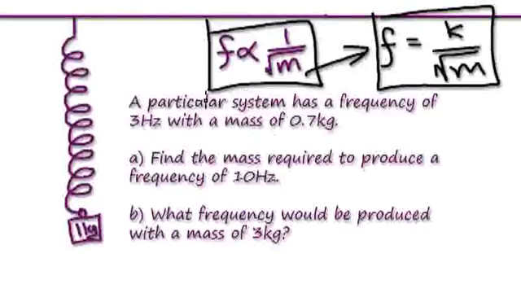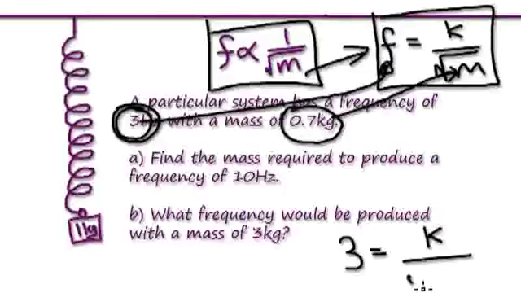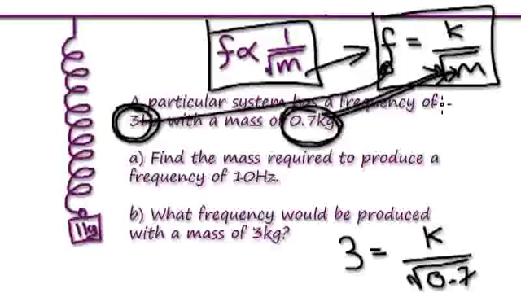For this particular system you've been given the frequency as 3. So put this into the f, and put the mass into the m. So you will have f equals, we know f is 3 hertz, 3 equals k over root 0.7, because we are putting the 0.7 in here.